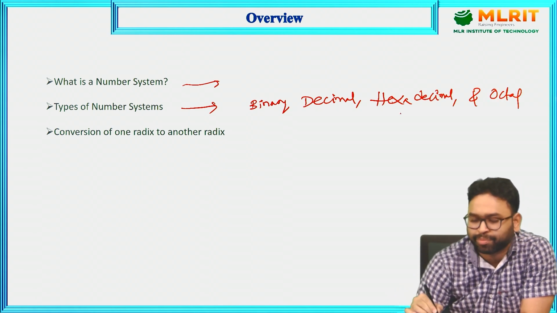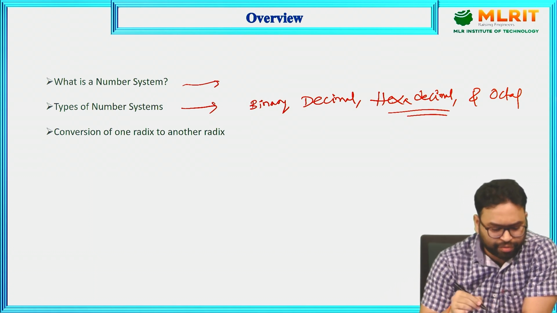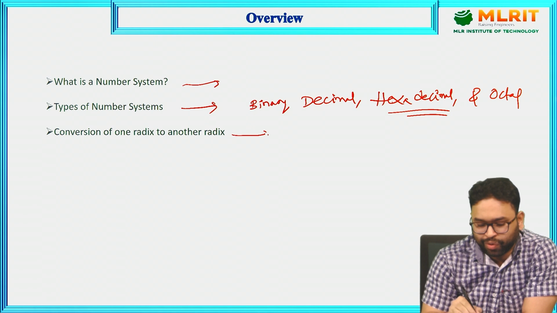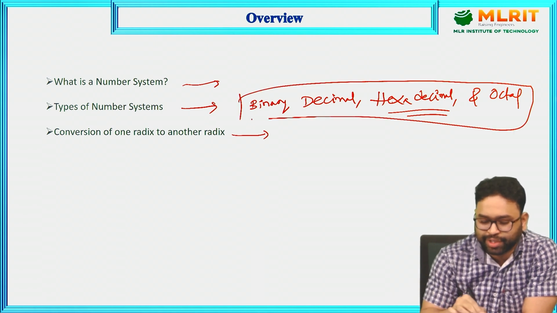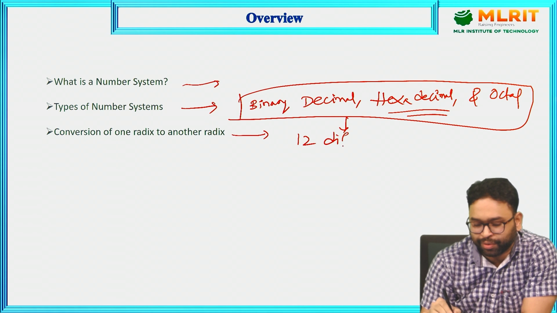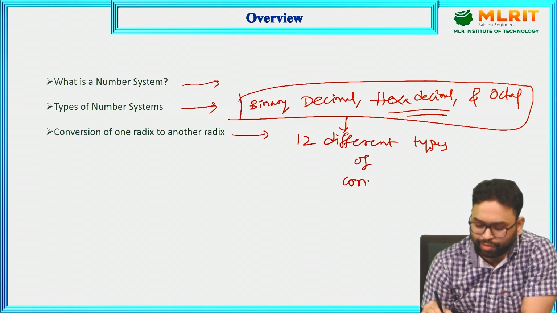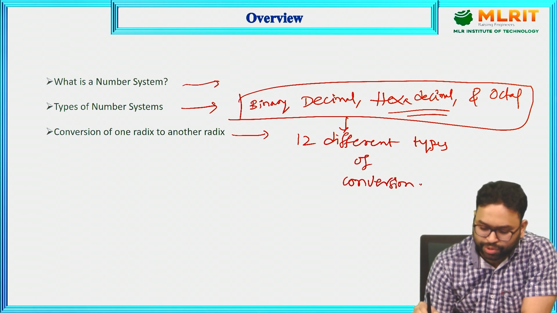And coming to the conversion of one radix to another radix, with these four number systems, we can create 12 different types of conversions, and we will do those conversions also.